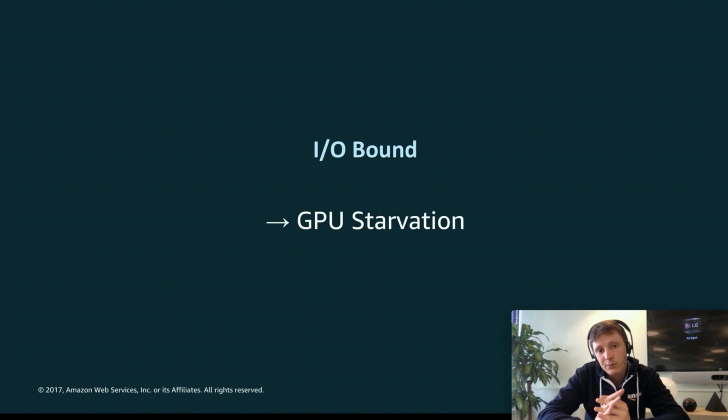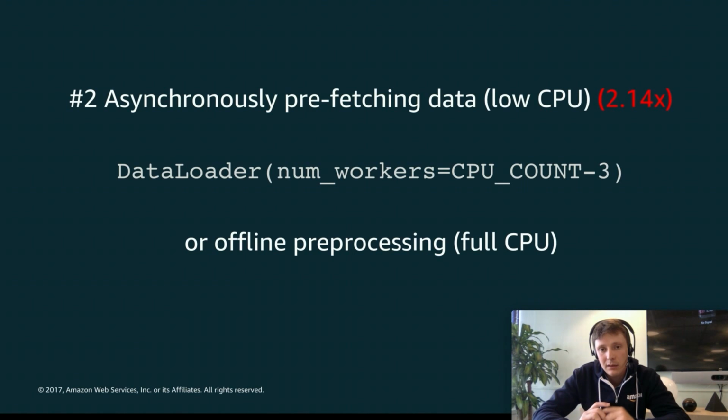Then make sure you're not I/O bound. To detect that, look at your GPU. If you see less than 100% utilization, or very low, in the 20, 30%, it's probably that you're I/O bound. Check your CPU. If you have a low CPU, it means you're not utilizing enough workers, or you can use more workers. Let's say some of your cores are maxed out and the others are doing nothing. A simple optimization is to use the num_workers argument of the data loader, and that would help you a bunch already.